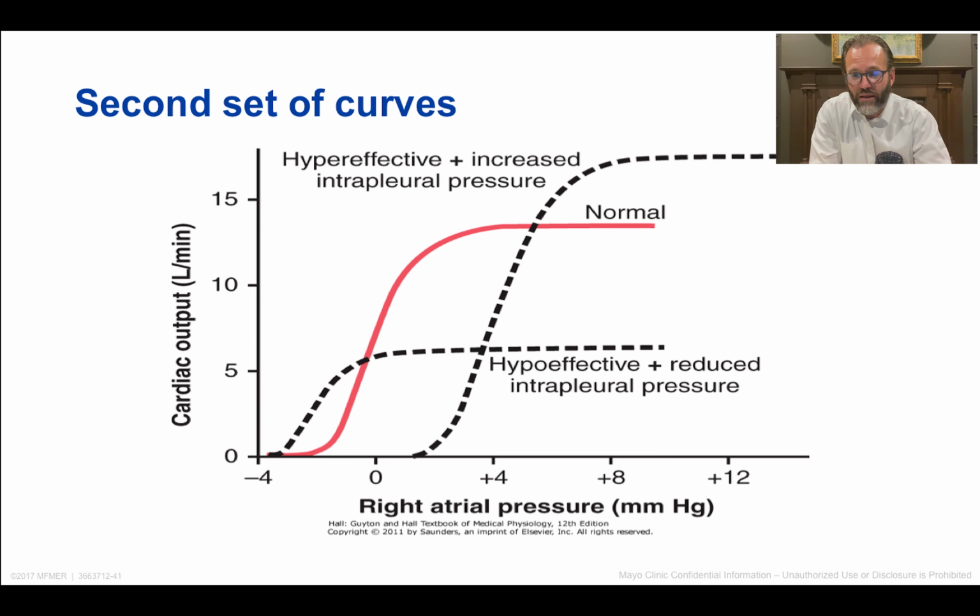But pretty rapidly, you reach a point where further increases in right atrial pressure no longer increase cardiac output, despite the fact that we have a wider transmural pressure gradient. So this is the combination of a hypoeffective heart plus a reduced intrapleural pressure. Again, two interventions that are relatively complicated, but you just need to break these things down one by one.